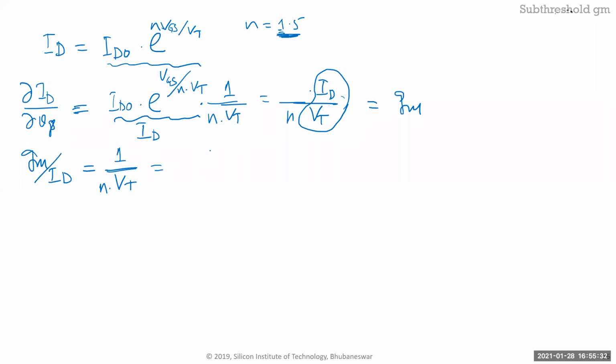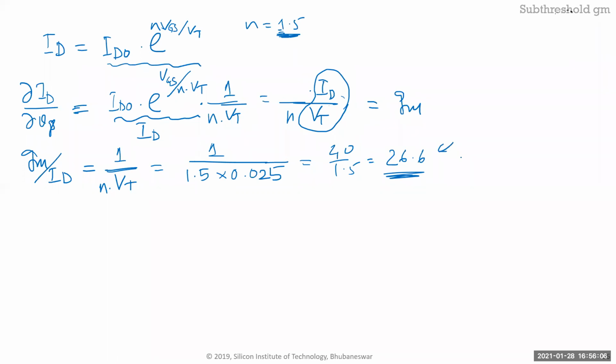So typically at room temperature, VT is what? 26 millivolts, right? So let's say 25 millivolts. So this is 1 over 0.025, which is 40, divided by 1.5 is what? 26.666.